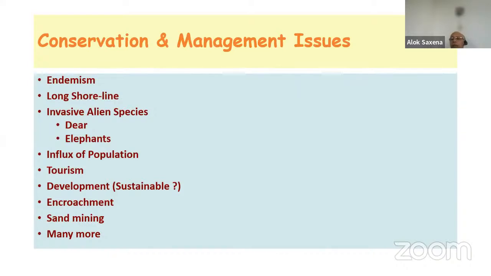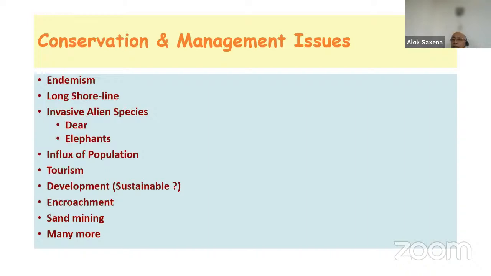So the administrator of these islands was allowing people to hunt deer. But when the Wildlife Protection Act Amendment of 1991 came, the power of declaring any species as vermin was taken away from the state government. So the real problem started after 1991.